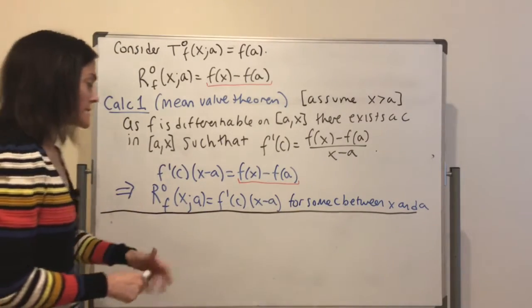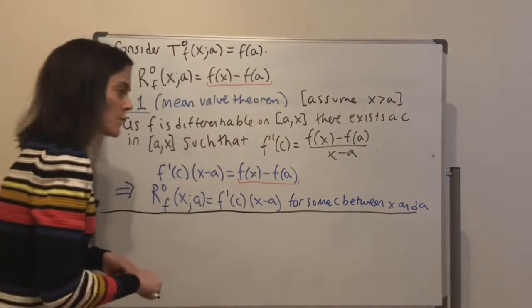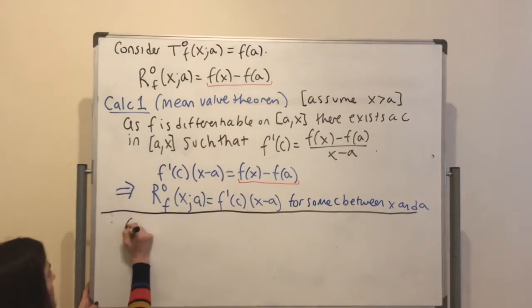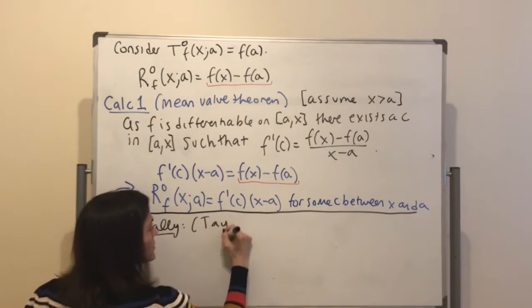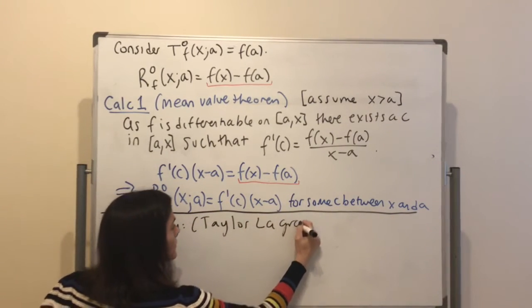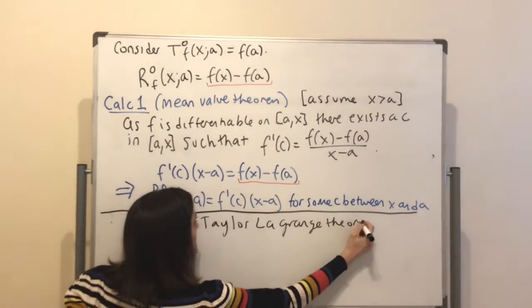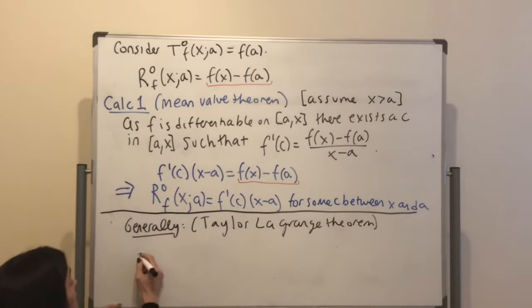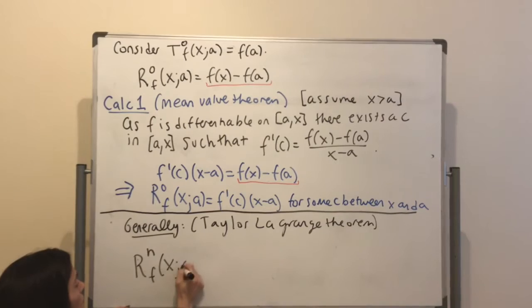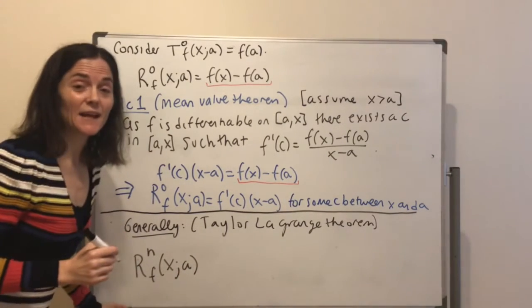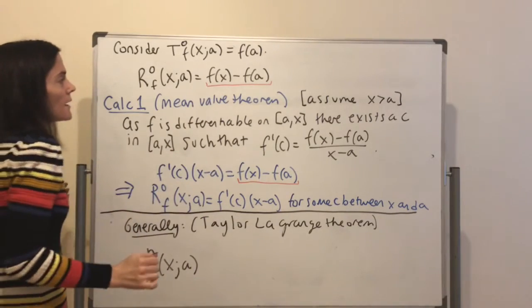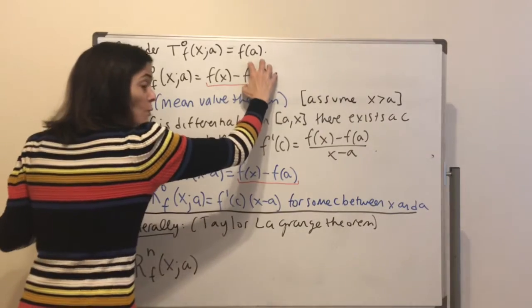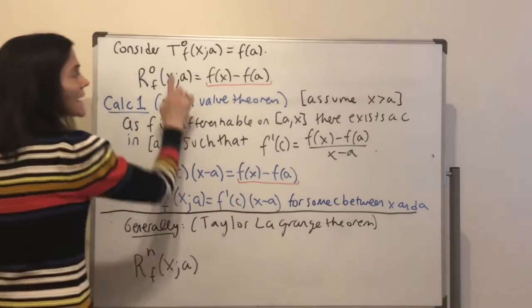Well, I have space. I will state below generally what's true. So now generally, and then we will put this to use. I mentioned this is called the Taylor-Lagrange theorem. It is more general. It says that the nth remainder, the nth order Taylor remainder, so now this is the difference between the function and the nth order Taylor polynomial centered at a, not just the 0th.